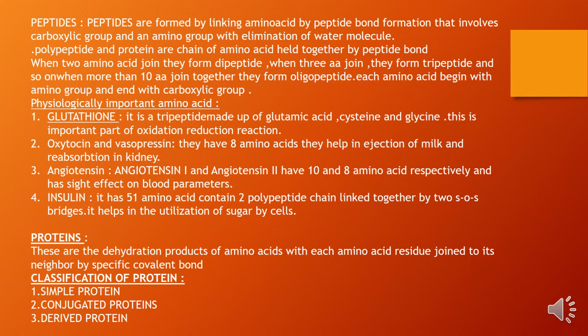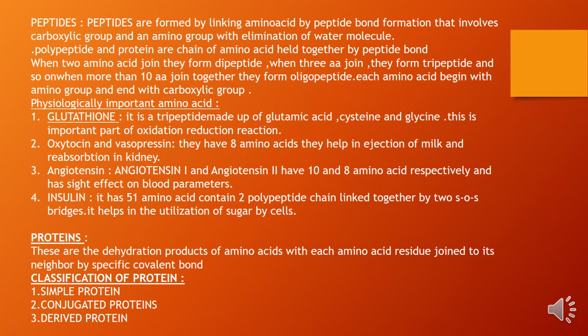Angiotensin 1 and angiotensin 2 have 10 and 8 amino acids respectively and have an effect on blood parameters. Insulin has 51 amino acids and has two polypeptide chains linked together by two S-S bridges. It helps in the utilization of sugar by cells.